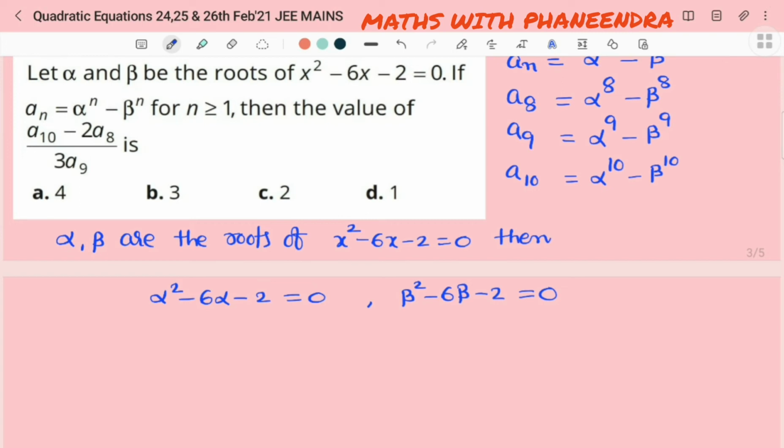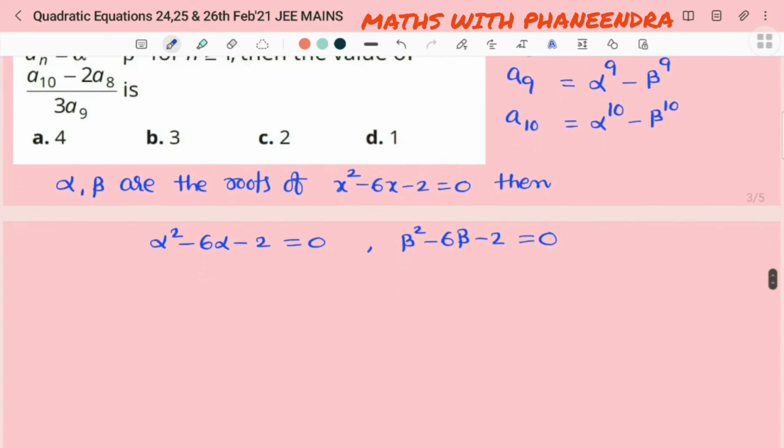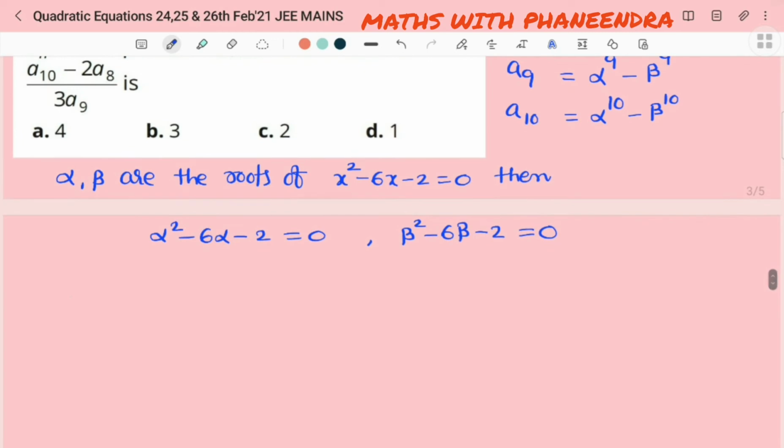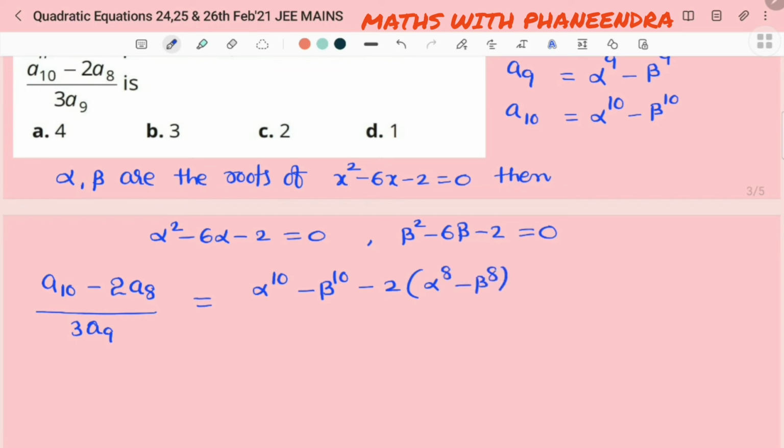Now consider from here a10 minus 2a8 by 3 into a9. So a10 value is alpha power 10 minus beta power 10, minus 2 into a8 value, alpha power 8 minus beta power 8, whole divided by 3 times of a9, means alpha power 9 minus beta power 9.